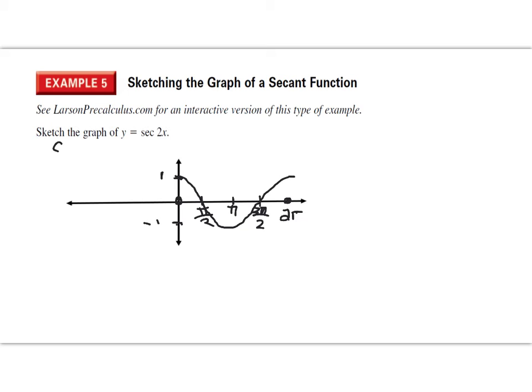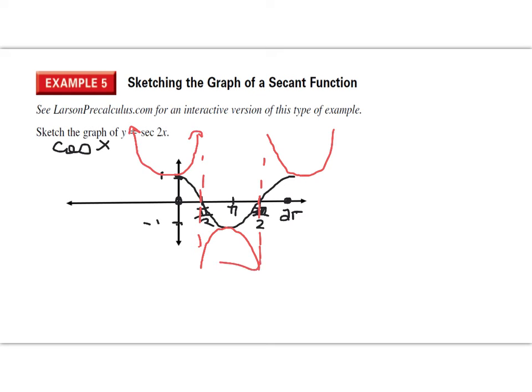So this is the cosine. Now it says secant 2x, which means wherever there's a 0, there is going to be a vertical asymptote, and we're just going to flip it. So here it would be something like this if I extended my graph.